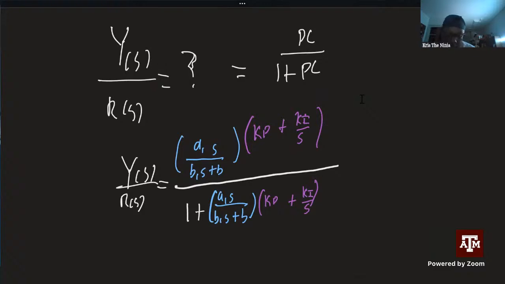So the way we can do that, because I didn't really get a chance to do this slowly myself.